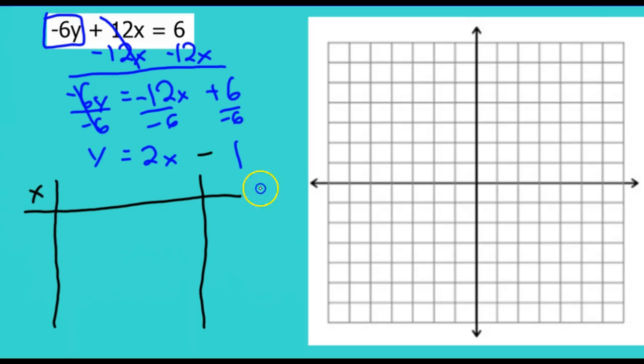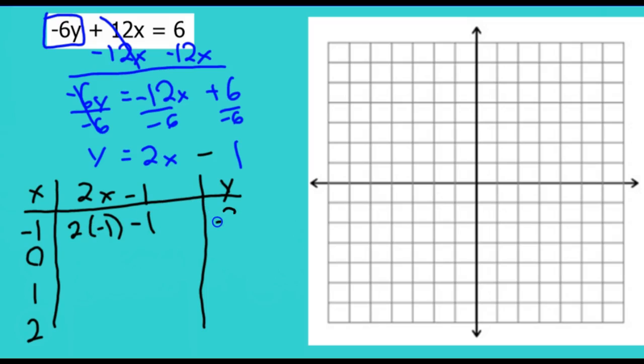We have our x and our y. 2x minus 1 goes in the middle here. So again, I'm going to do negative 1, 0, 1, and 2. 2 times negative 1 minus 1. 2 times negative 1 is a negative 2.